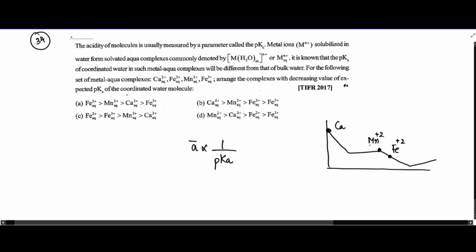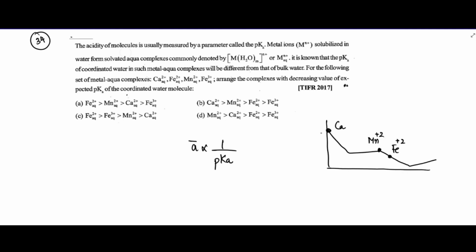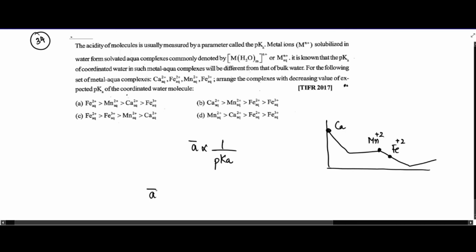Correct? So calcium is definitely going to be the biggest. Calcium biggest ആണെങ്കിൽ acidity will be the least. Acidity of calcium will be the least. കാരണം എന്താ? കാരണം size is the highest. Acidity least ആണെങ്കിൽ അതിലെ pK എങ്ങനെയായിരിക്കും? pK will be the highest. So calcium highest വരുന്നത് option A.